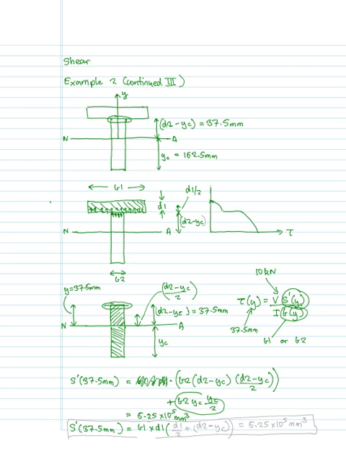Now, of course, there's an easier way to arrive at that, and that's to look at the T above, to look at the beam above it, where it doesn't cut the neutral axis.